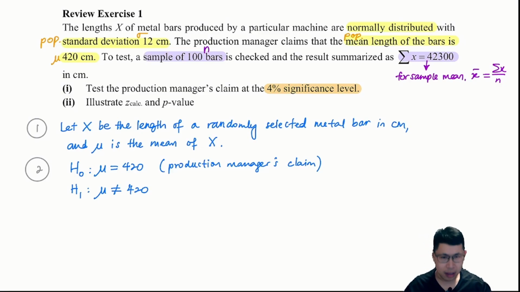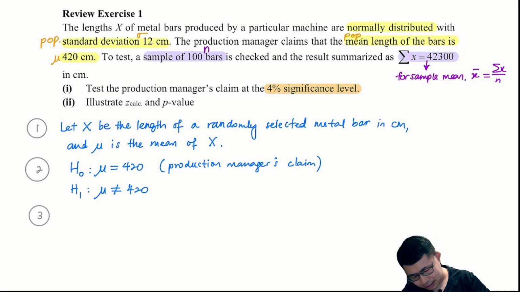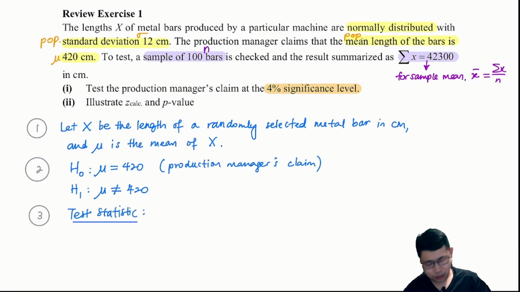Step 3, we will need to declare our test statistic. Our test statistic follows a z-test because this is normally distributed. Under H naught, assuming that H naught is true, we are testing for the sample mean, so we are looking at the distribution of x bar following a normal distribution.